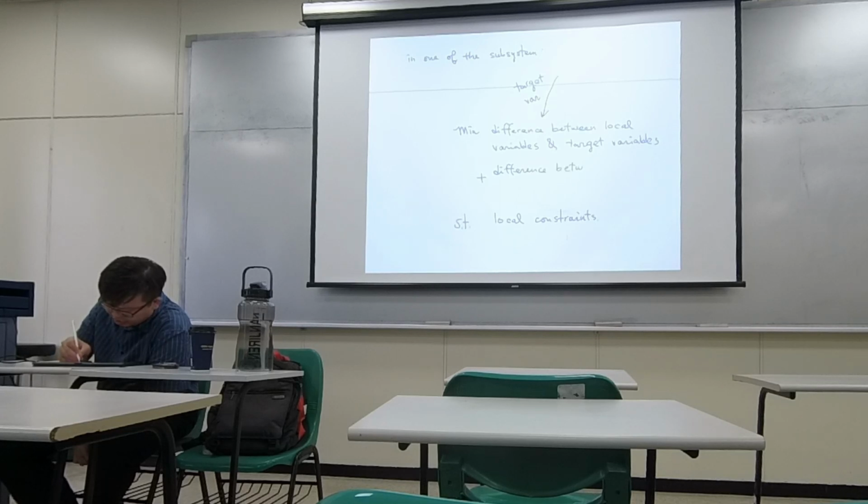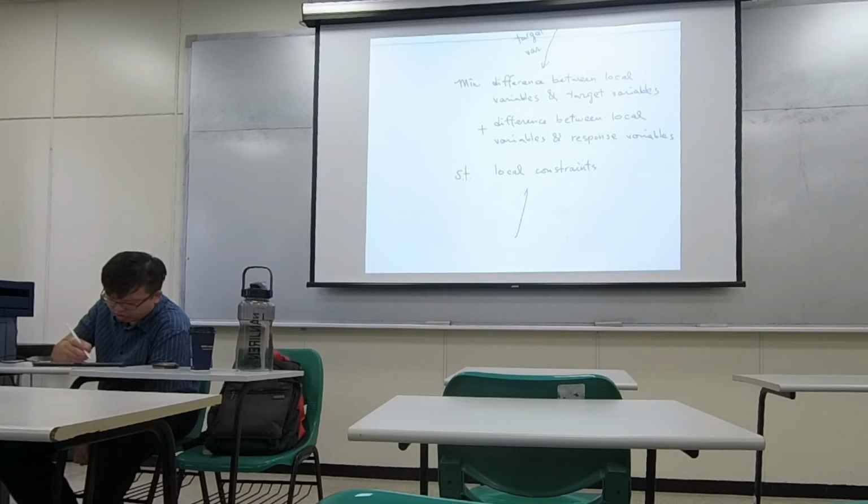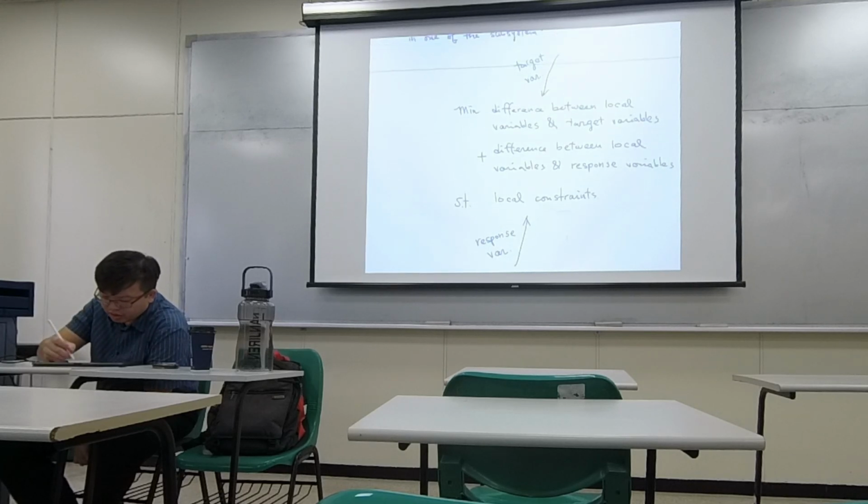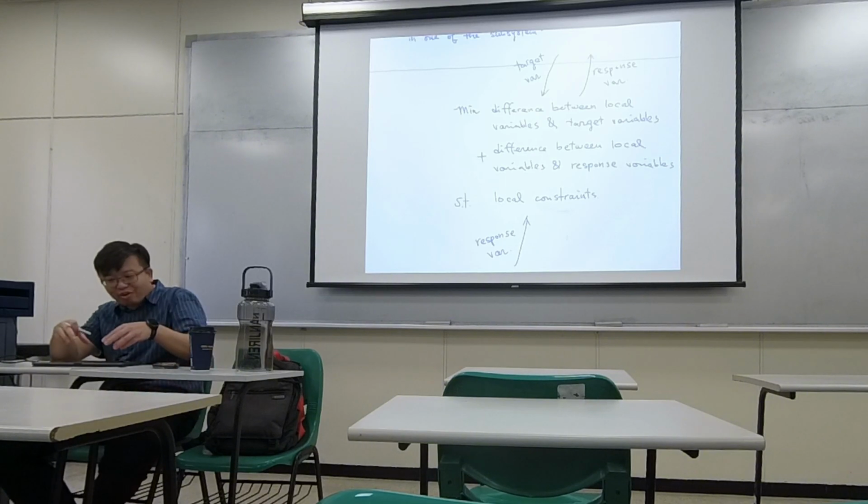So the difference between local variables and the response variables. The lower level will feed back some response variables, and you will send some response variables to the top for this particular problem.